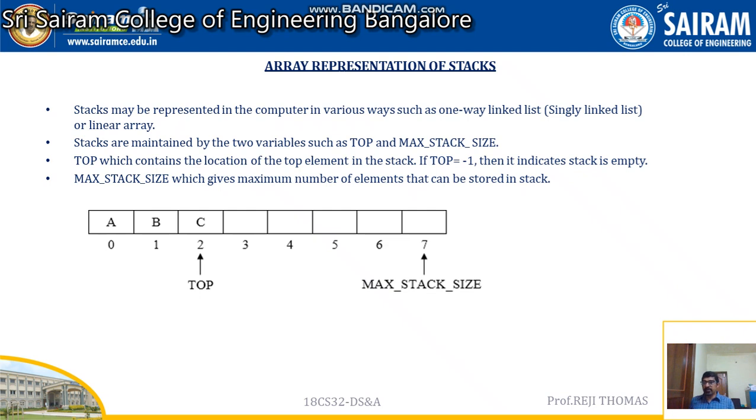Initially it was -1. Before every insertion, we are going to increment top by 1. For the starting it was -1. Before we insert the first element, we incremented, which is 0. Increment again before the second element, which is going to be 1. Increment again before you insert the next element, which is going to be 2. So we have successfully inserted 3 characters.